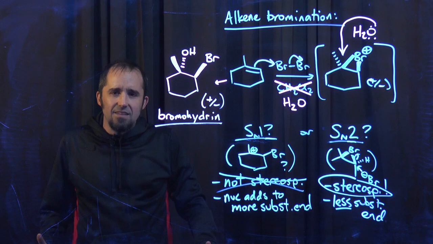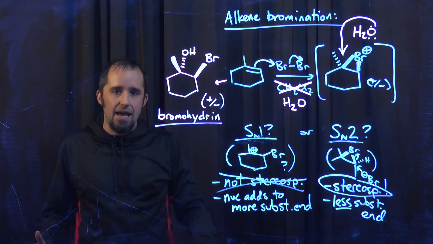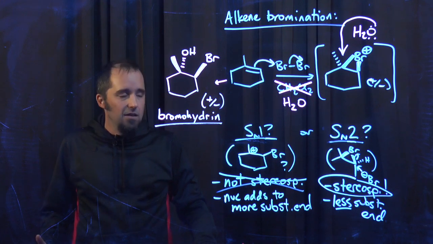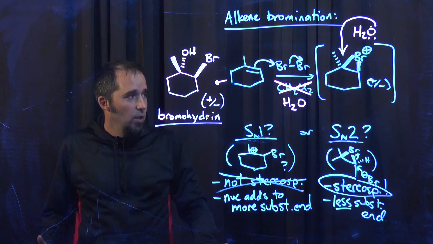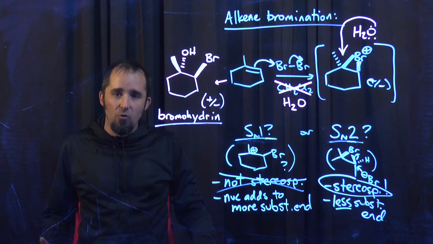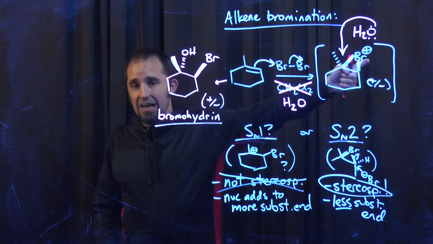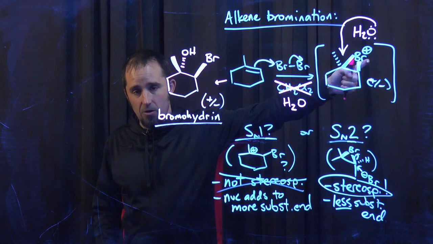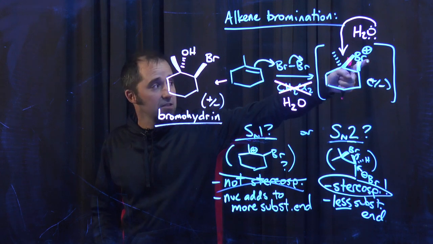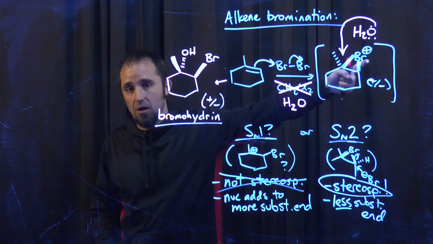So why is that happening? I thought that was too crowded to do any kind of backside attack-ish thing. Well, yes, but we have to remember that this three-membered ring is very, very strained, and this bromine is not going to carry all the positive charge. The bromine wants to share some of that positive charge with the carbons.